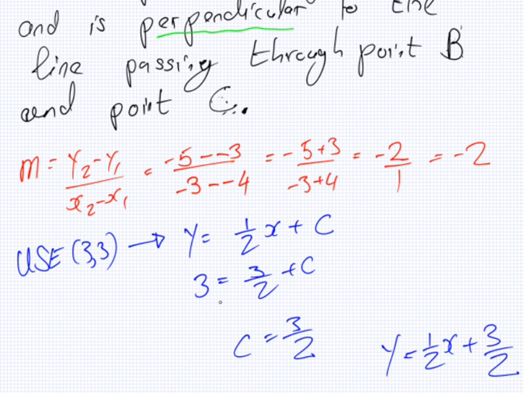Where's your m? Here it is, so then you change to this. Which point did you use, A, B, or C? Use A? Yeah, good. To get the c here, which point did you use?